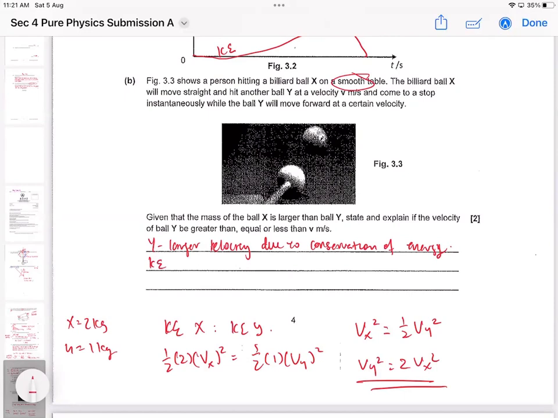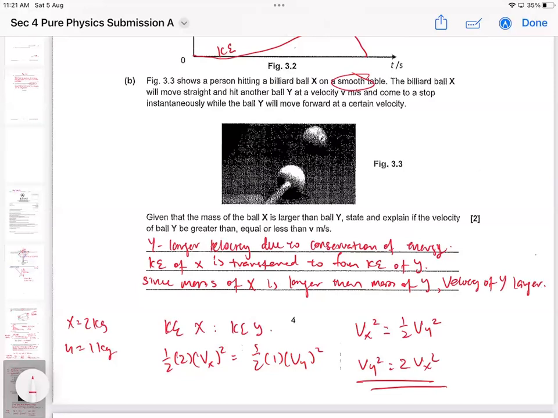So in this case, the KE of X will be transferred to form the KE of Y. Something like that. The bottom part, no need to show you the marker. It's just for our own understanding.